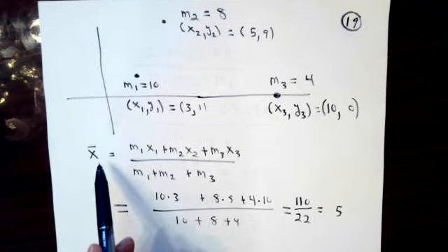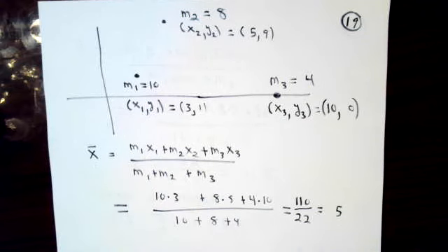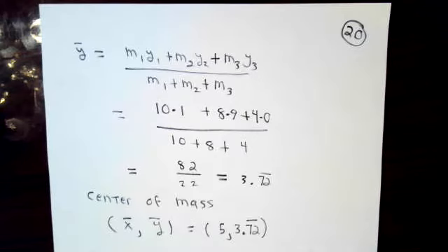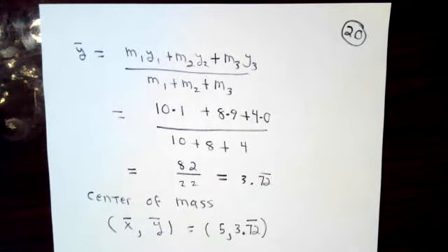The x-coordinate of the center of mass, I've got to calculate the sum of the masses times the x-coordinates, and then divide that number by the total mass, and this works out to be 5 after you do all of the arithmetic. In a similar way, the y-coordinate of the center of mass, y bar, is the sum of the masses times y-coordinates divided by the sum of the masses.